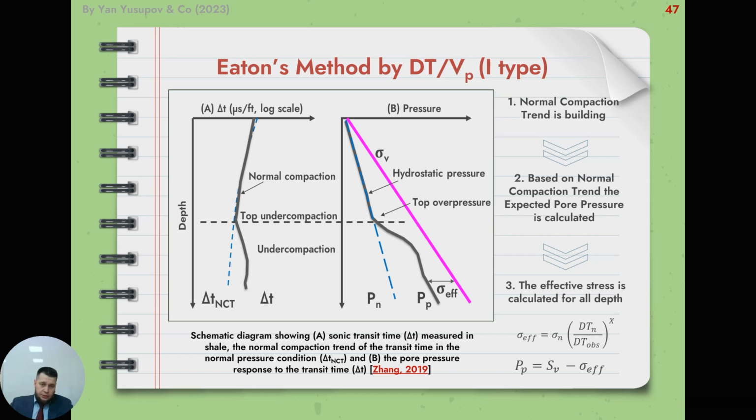The normal compaction trend line is shown as a dotted blue line in this picture. Based on the normal compaction trend line, the expected pore pressure is calculated, and the effective stress is calculated for all depths. This is dt, slowness of P wave on the normal compaction trend line, and dt observed. This is the actual P wave slowness.